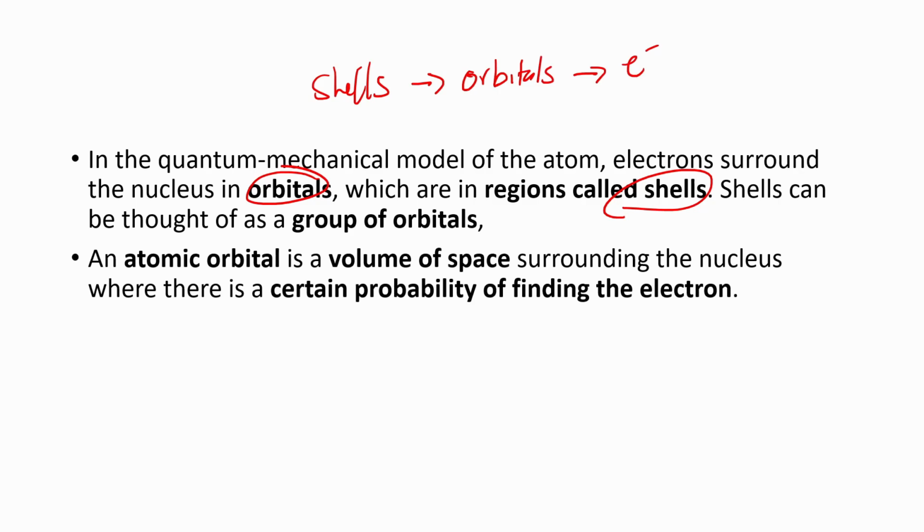Shells could be thought of as a group of orbitals. And the atomic orbital is a volume of space surrounding the nucleus where there is a certain probability of finding the electron. So electrons do not move randomly. There is a path they take, and there are chances where you can meet the electron or you may not meet the electron.